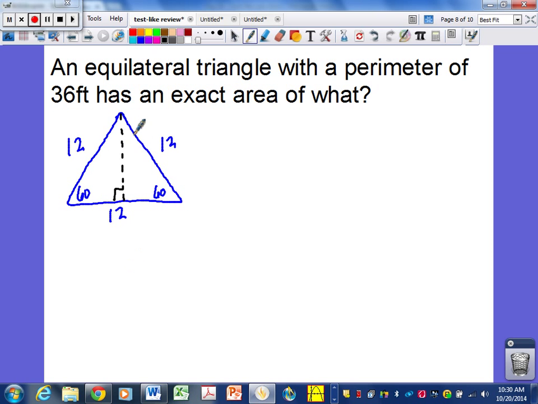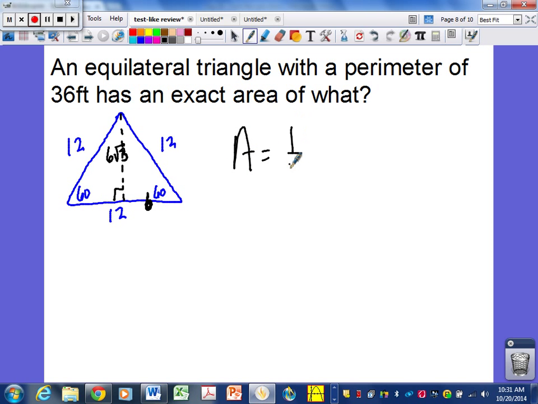Okay? So this is a special right triangle, 30, 60, 90. So this much is 6, and it has a height of 6 root 3. Okay, the 30, 60, 90 relationship allows us to find this long leg of our 30, 60, 90.